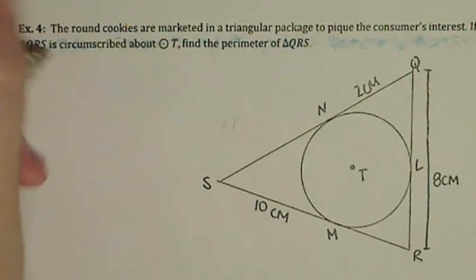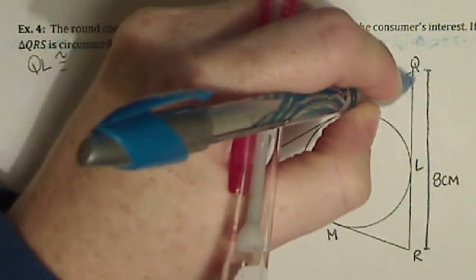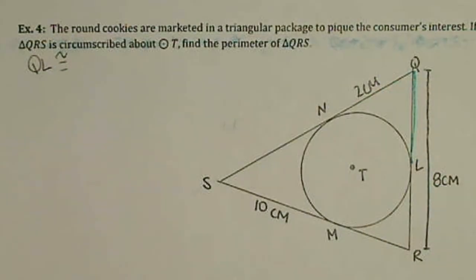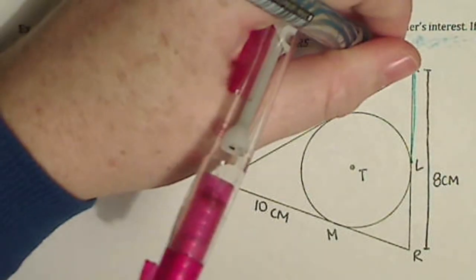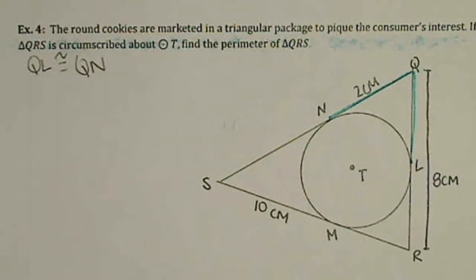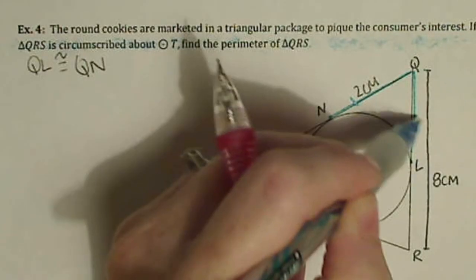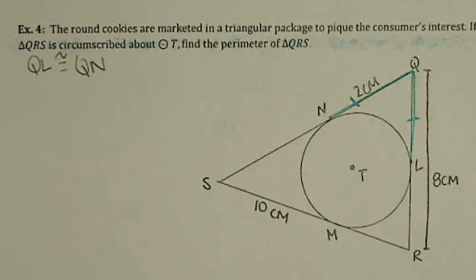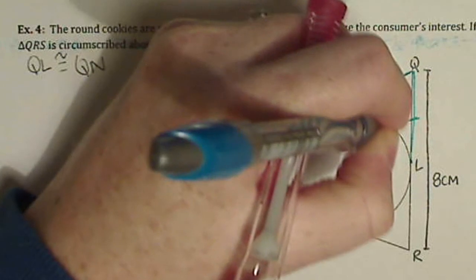So if you look at our shape, we know that QL, this line over here, is going to be congruent to QN. Okay? So how long is QL? QL is also 2 centimeters.